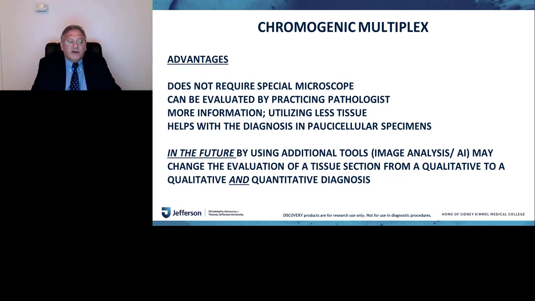With one section, we can give them classification and so much more information, not requiring many sections, trying to make a diagnosis and basically wasting material. So these are some of the advantages that you can have with the multiplex.